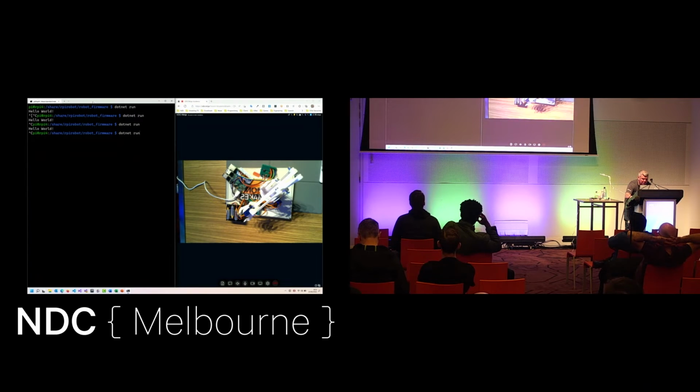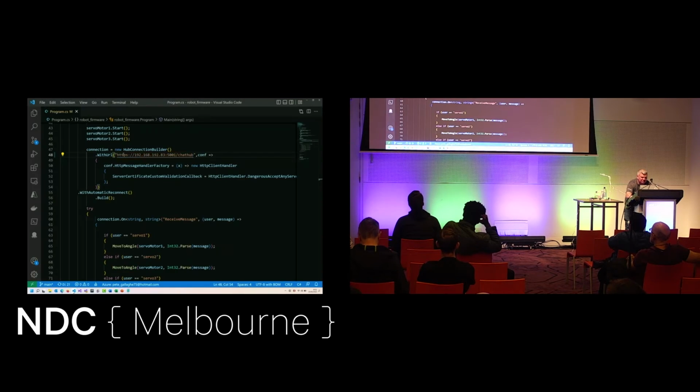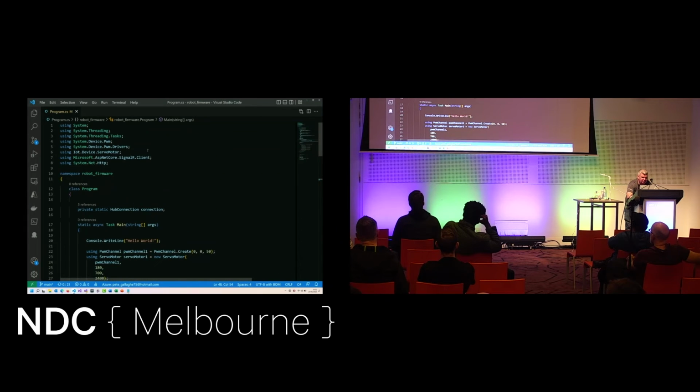So I'm going to run that. I saved it right. So that's just going to, I'll go through the code, but that's just going to sit there and wait now. Just wanted to get that running first. Good, didn't crash.